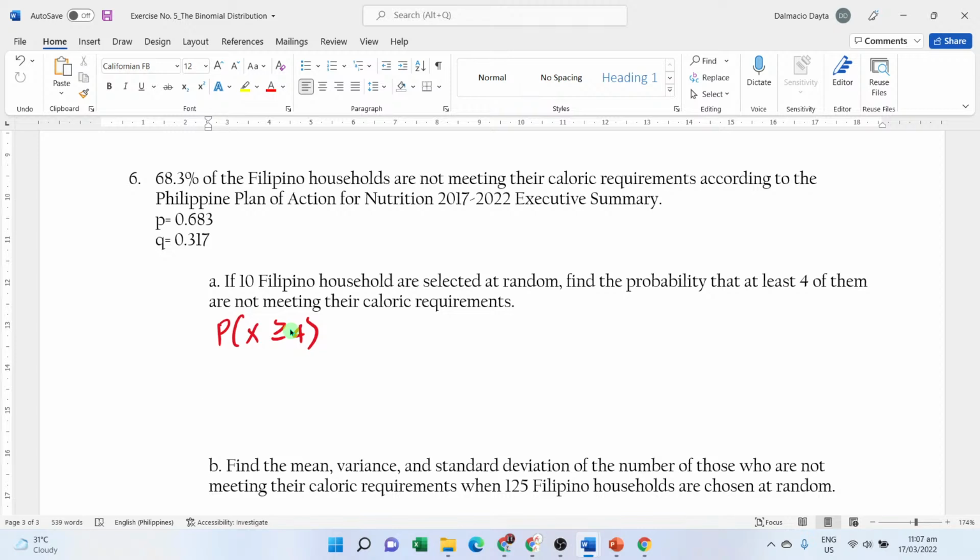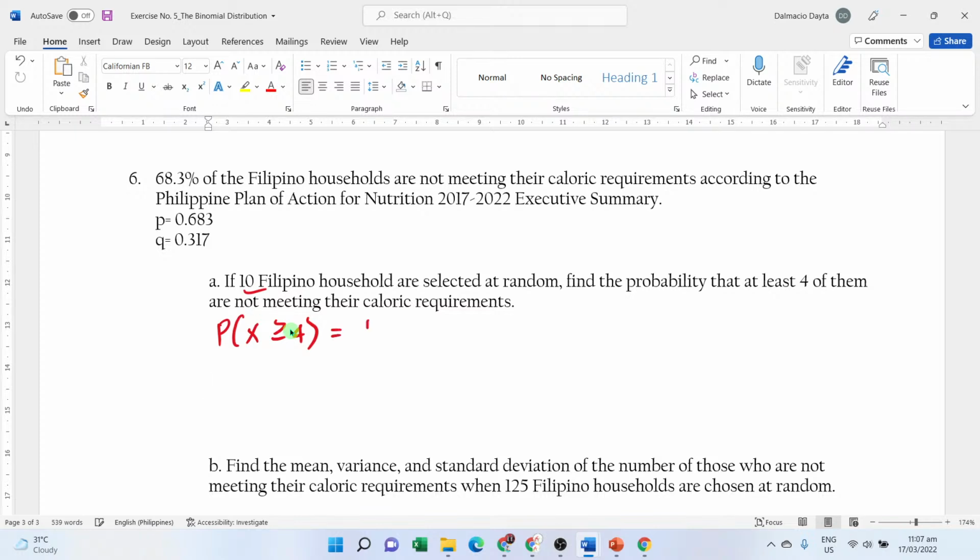Now, kukunin natin yung ibig sabihin, at least 4. 10 yung ating ano, tama ba ako? Ano yung ating 10? 10 yung ating selection or 10 are selected at random. So kukunin natin from 10 down to 4. From 10 down to 4.